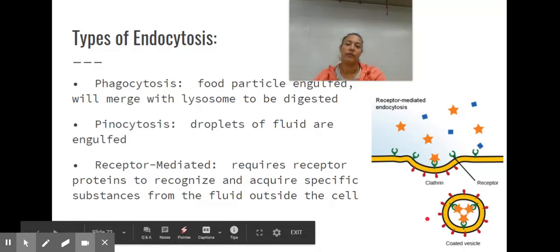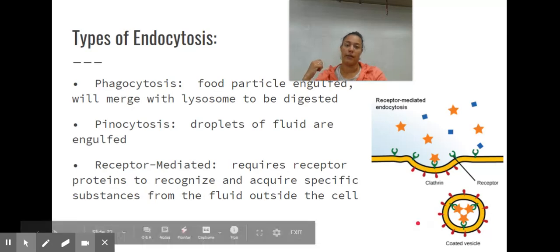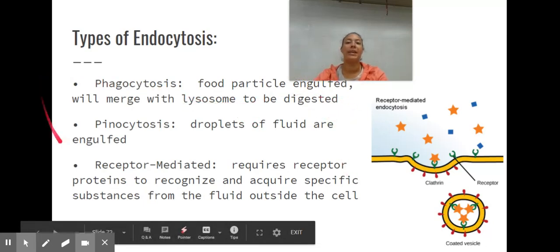And these are kind of cool. Phagocytosis is talking about food specifically and how that gets brought into the cell. So there are specific organisms that use their vacuoles to feed. They will use phagocytosis by engulfing something and then bringing it in to be broken down by the lysosomes and digested.